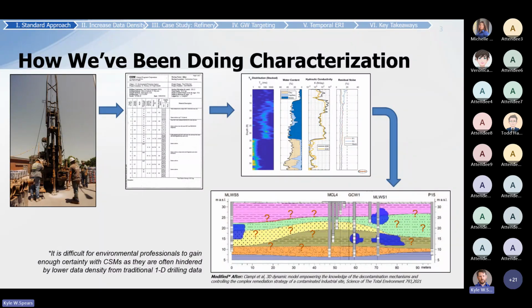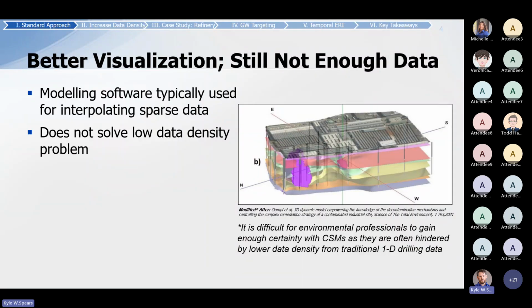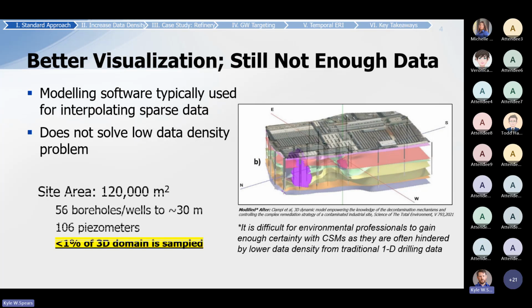So there's a lot of room for not knowing what's going on or not seeing the fracture of interest, for example. So what do we do? We go into 3D space. We drill more holes, and we put it in software. We use very sophisticated algorithms to interpolate what's going on between the wells. But at the end of the day, we still haven't really solved our data density issue.